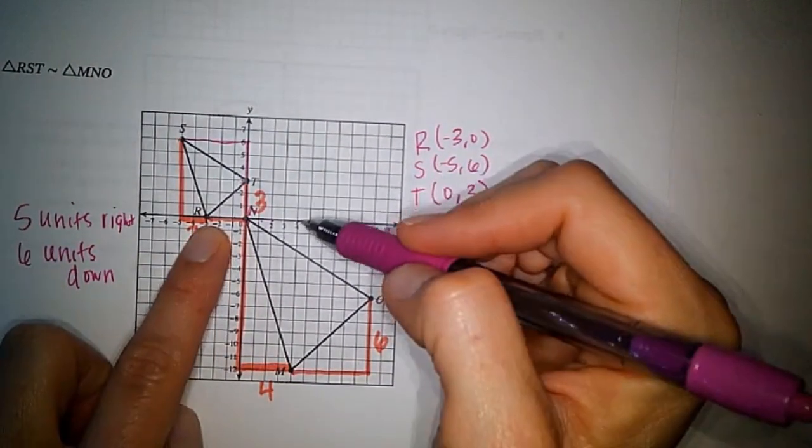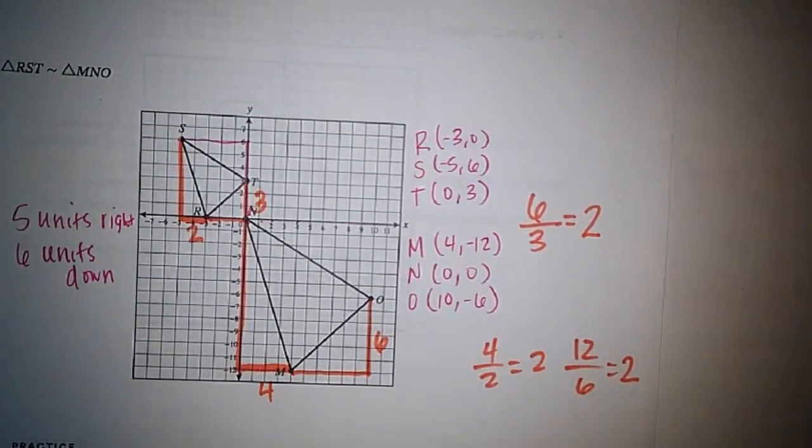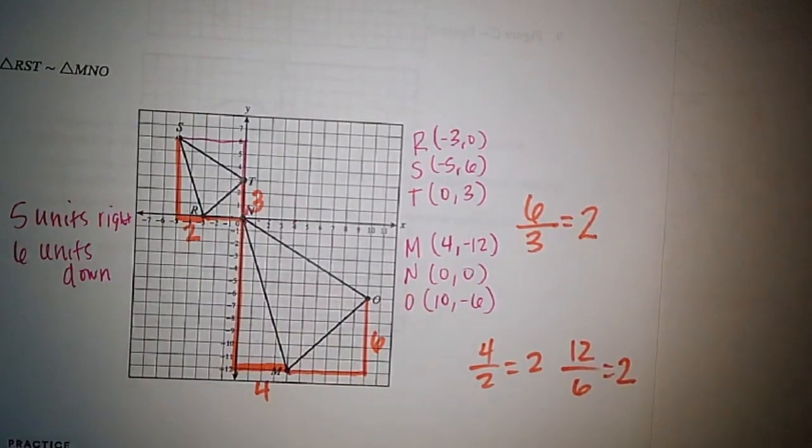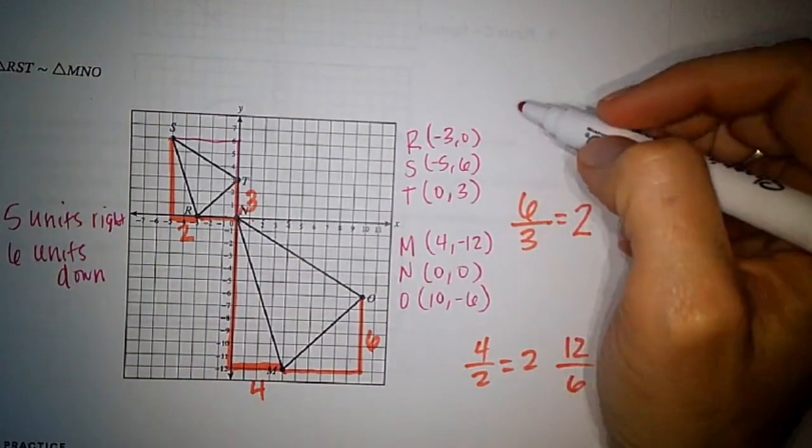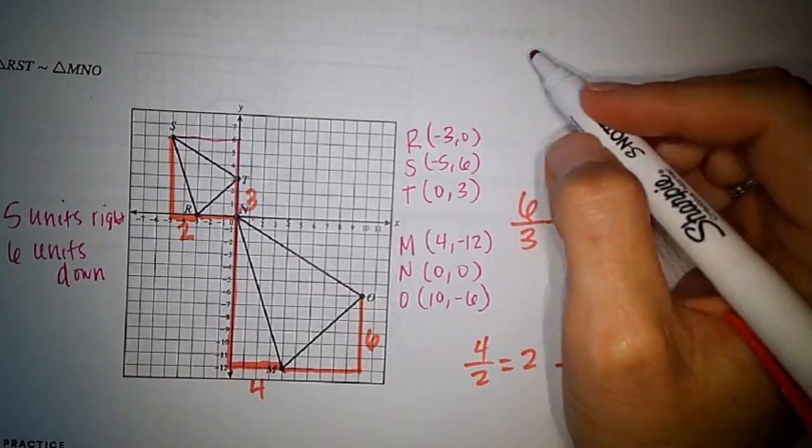We dilate first. Dilate first. And when you dilated, what happened? That's why I struggle with translation. Watch. Hold on. So if our scale factor is 2, what's negative 3 times 2?